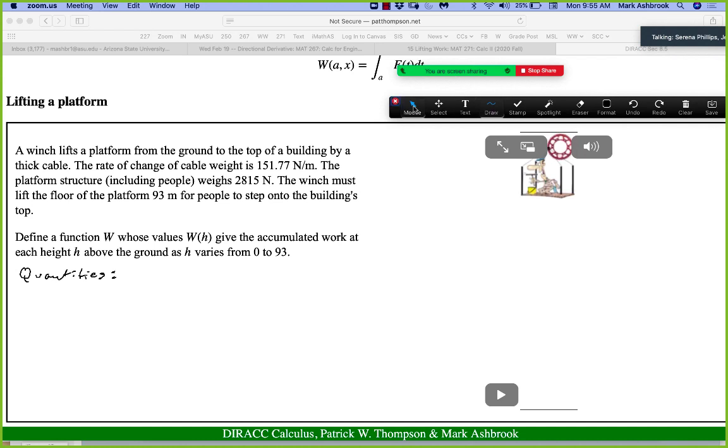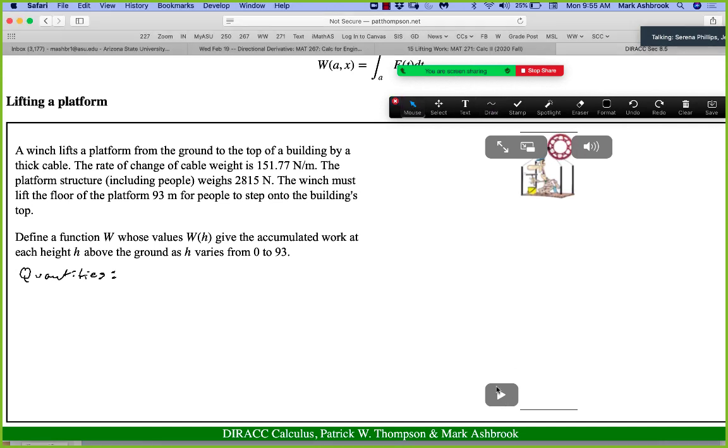The rate of change of the weight of the cable. Okay, and what is that? That's kind of a weird way to say that. The rate of change of cable weight. What's maybe a more tension. Okay, tension.